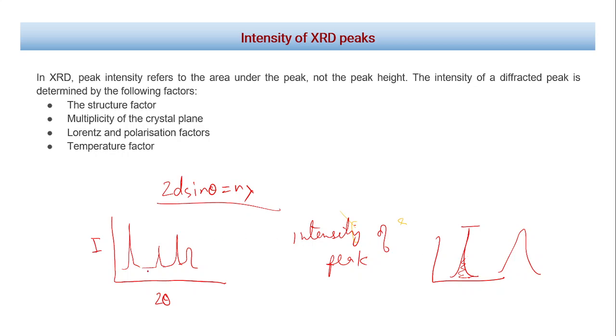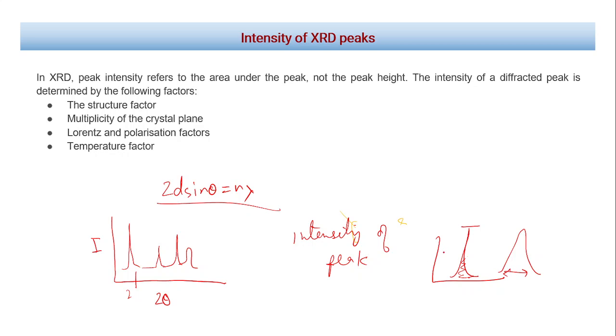It is not sufficient to know only the 2 theta value; we also consider the height, the area under the peak, and the width of the peak. All these tell us crucial information about our sample.